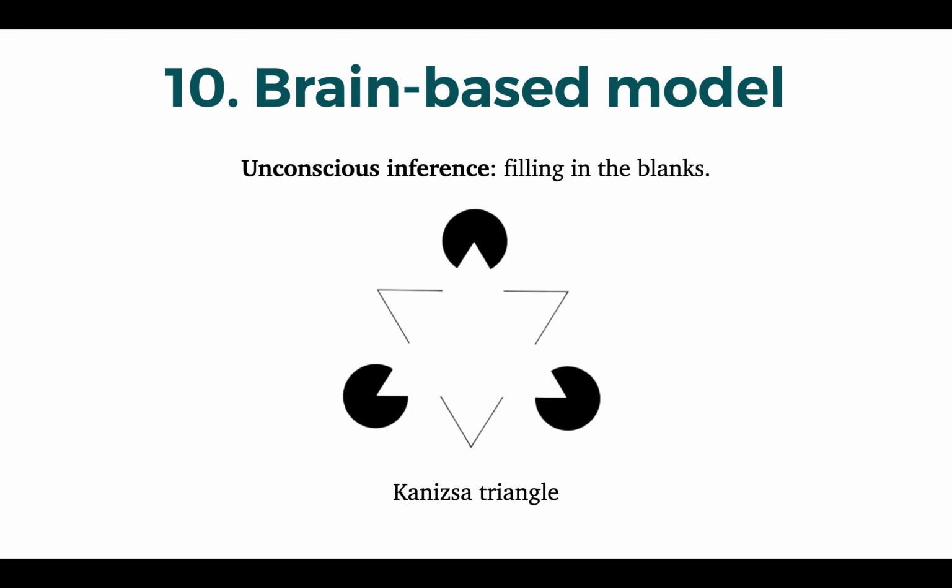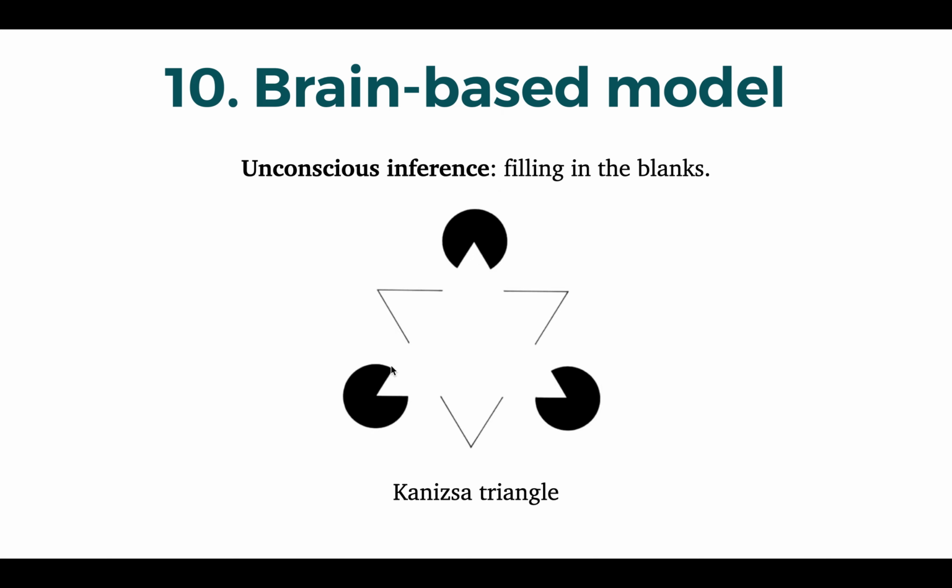So it's why we can see things like the Kanizsa triangle, right? This white triangle that seems to be in front of everything else doesn't actually exist. Nothing about that triangle exists, but you can clearly perceive the edges of a triangle. They don't just stop here with these little Pac-Men. You can perceive the edge of this triangle here.